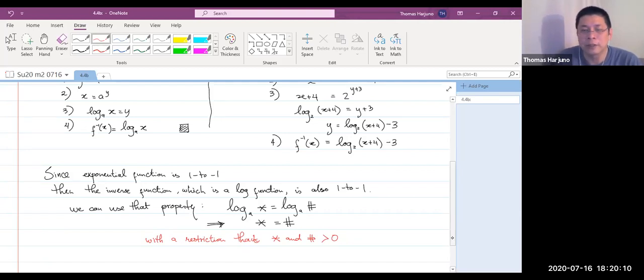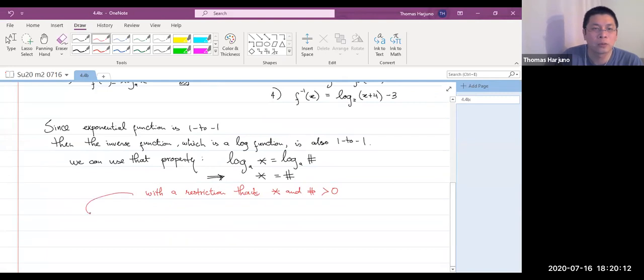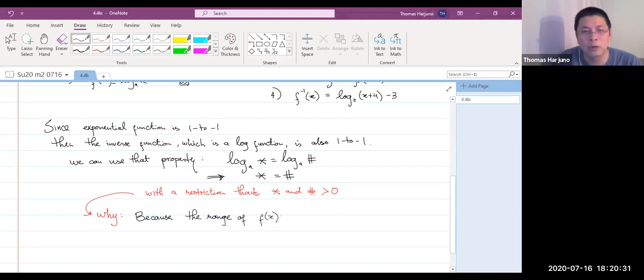Why? Here's the reason. Well, because the range of f(x) equals a to the x is from 0 to infinity, right?